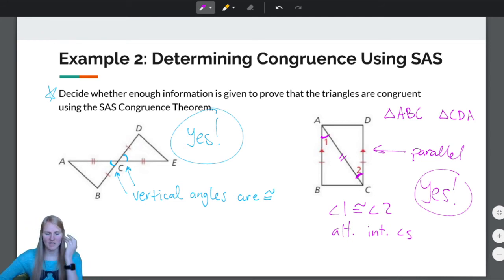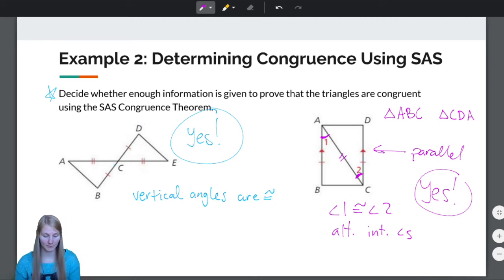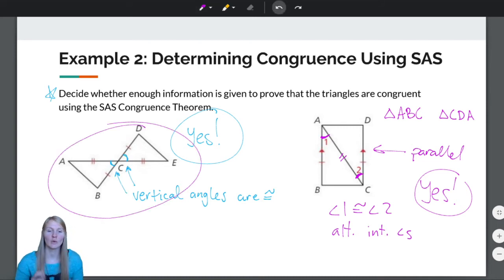Now, one thing I want to point out before we move on is you might need to look at the diagram a little bit closer. So it says decide whether enough information is given. If we just looked at this, we'd say, well, no, there's only two sides, there's no angle. But if we looked closer, we saw that there were actually vertical angles there.